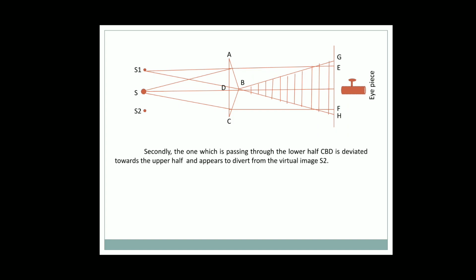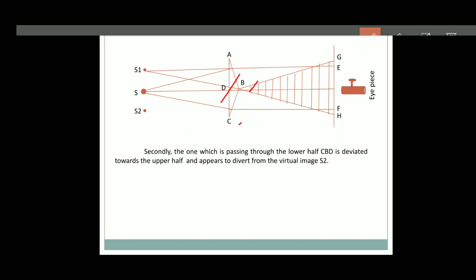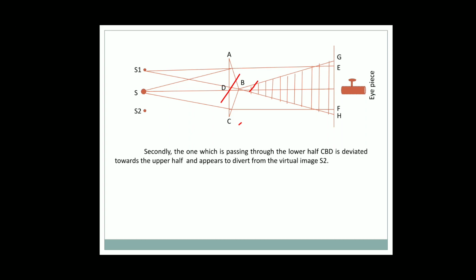Secondly, the part passing through the lower half CBD is deviated towards the upper half and appears to diverge from the virtual image S2.